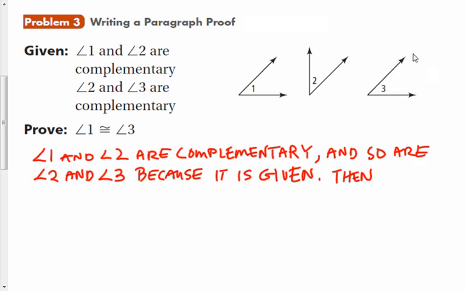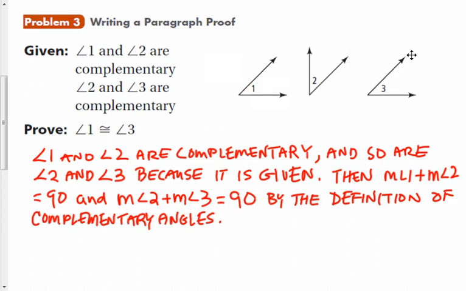And our second sentence will be something like, then the measure of angle 1 plus the measure of angle 2 equals 90, and the measure of angle 2 plus the measure of angle 3 equals 90 by the definition of complementary angles.